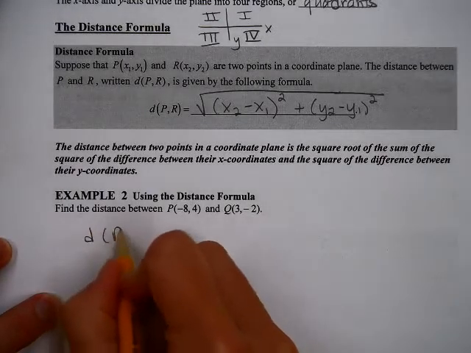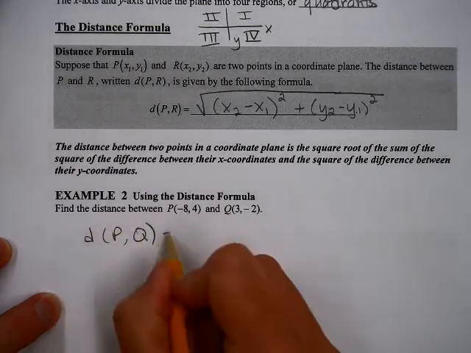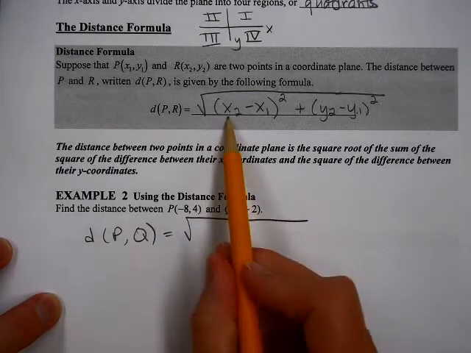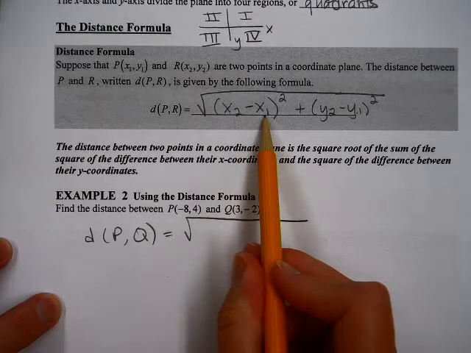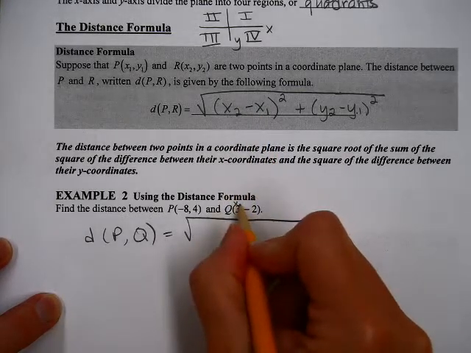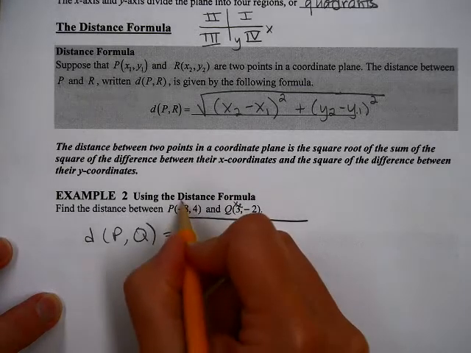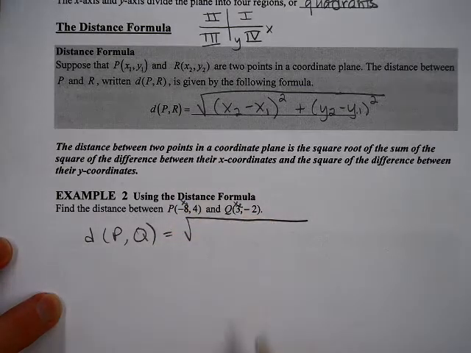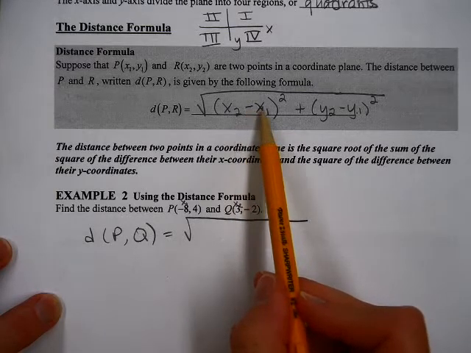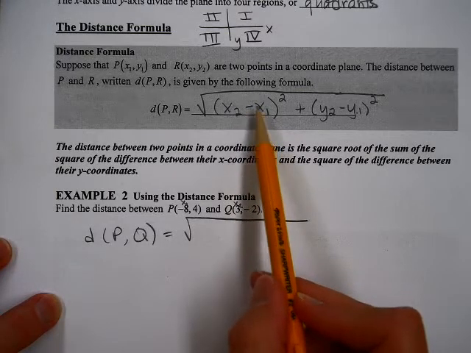The distance between P and Q would be the square root of x2 minus x1. Well, this is the x from the second point, so this is our x2. This is the x from our first point, so that is x1. Now notice the formula is always minus, so be careful if x1 is negative.